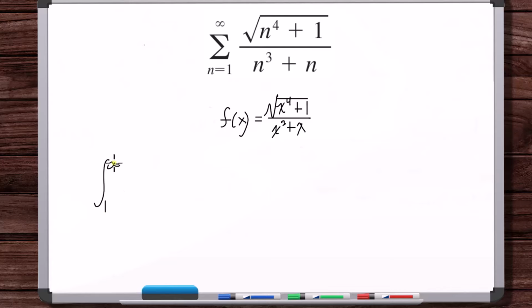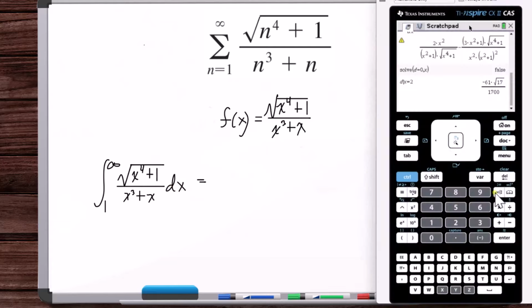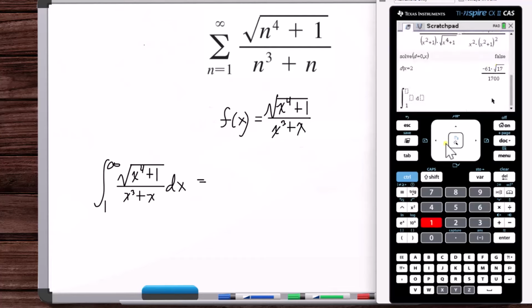So 1 to infinity, what is this? Okay, so 1 to infinity of e is infinity.